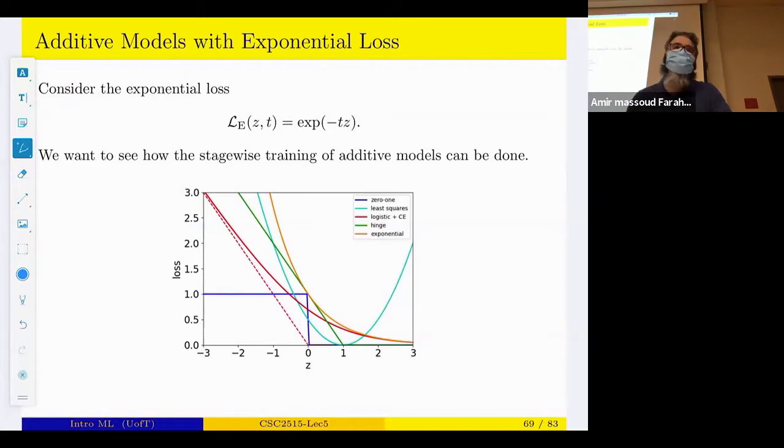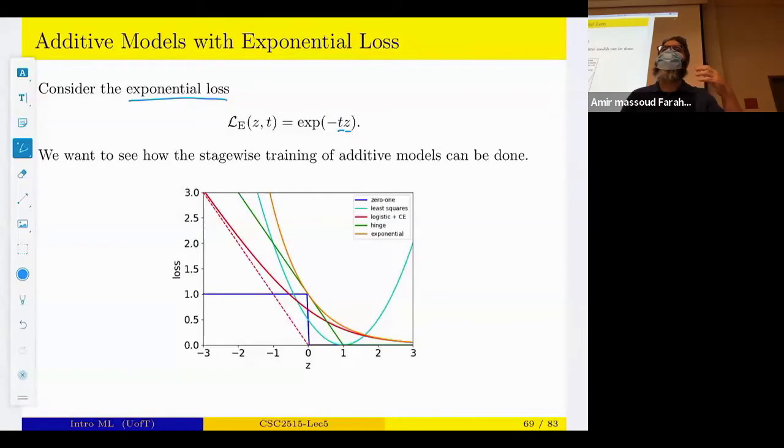So this is a classification problem. The new loss function is called exponential loss. You compare your target with the output of your model, Z, and this Z is not necessarily -1 or +1.